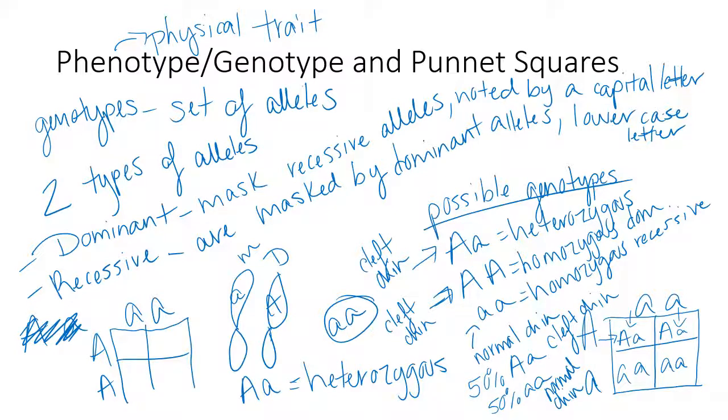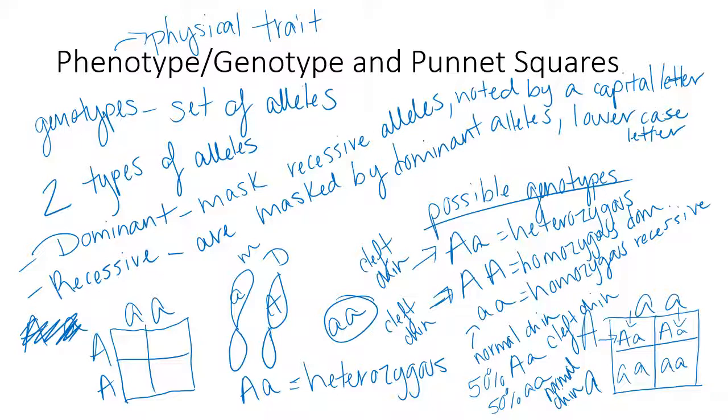Now we could figure out whether he's heterozygous or homozygous dominant if we looked at his parents to see if they have cleft chins, to determine whether he would be carrying the recessive allele or not. But let's just do this one over here just to see.